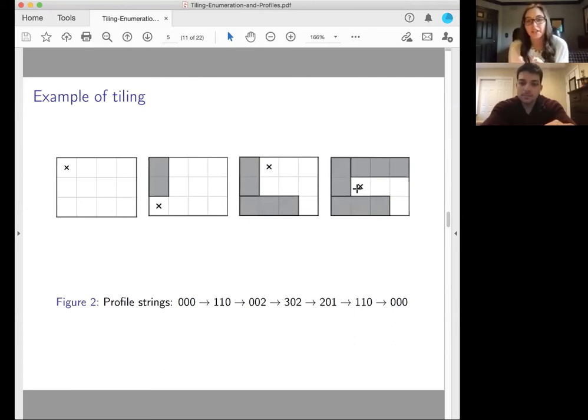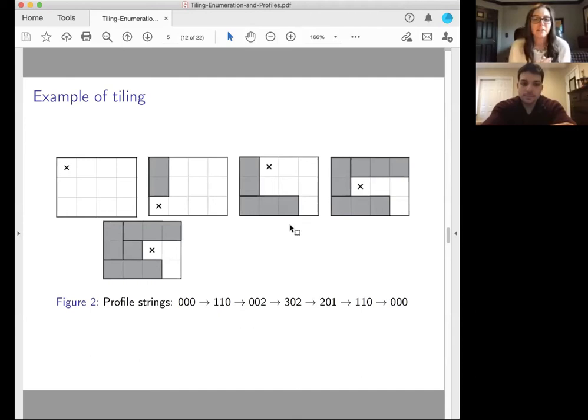And so this profile string is going to be a 3, 0, 2. And although it may appear to be a 4, 1, 3, we have to remember that profiles are denoted by the number of tiled squares that are beyond the leftmost fully tiled column. And there's one fully tiled column, meaning that our profile string is now 3, 0, 2.